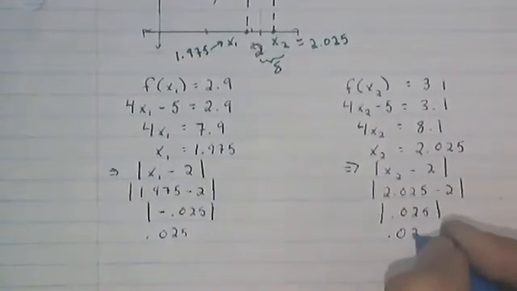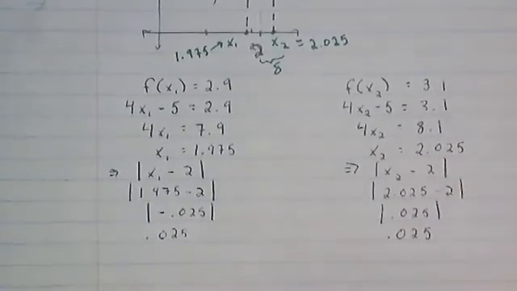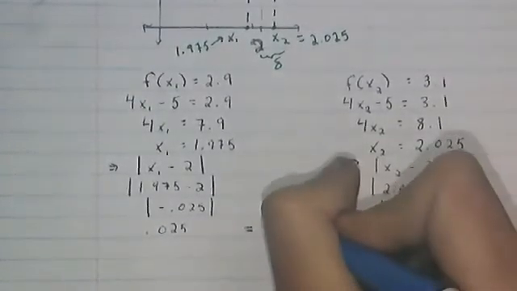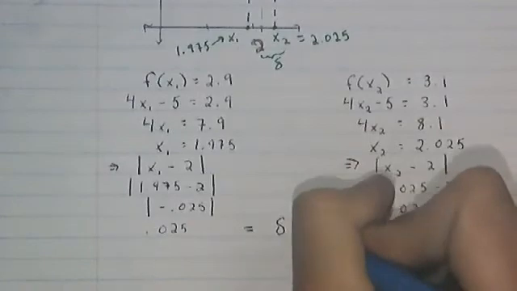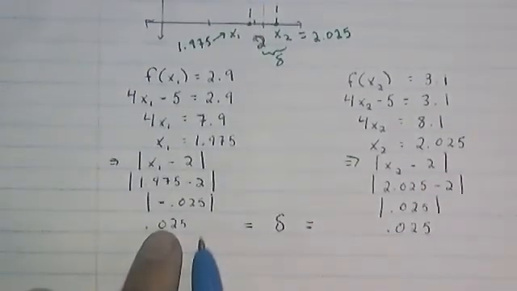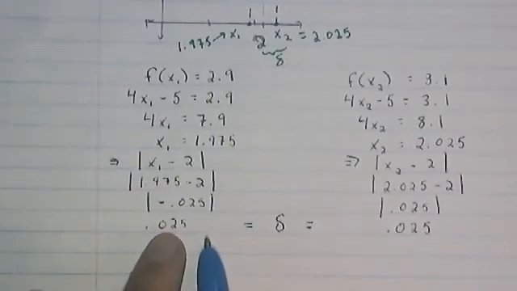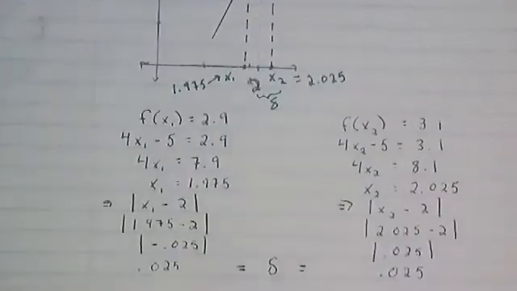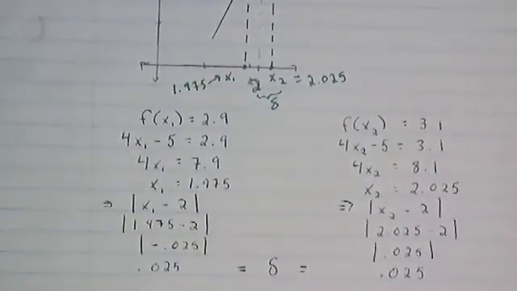We end up with 0.025 in both cases. This is our delta. If we are 0.025 away or closer from 2, we will be 1/10 or closer to 3.